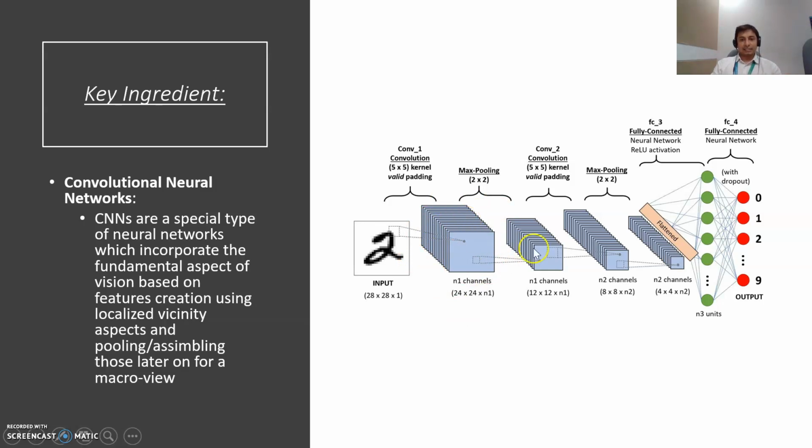This is what CNNs are doing: they create a lot of feature maps, and these feature maps exploit the principle of looking at things that are closer to each other. At the end, we have this fully connected layer, which exploits these nearby features to get a global macro level view. That is the essential concept of CNNs. Obviously, there are a lot more details to be spoken about here, but we are out of time, so we'll keep those for future sessions.